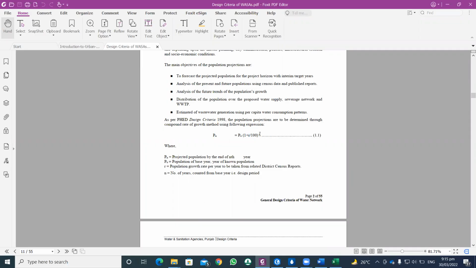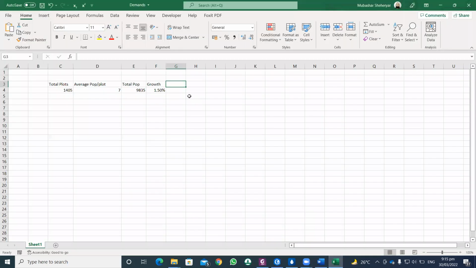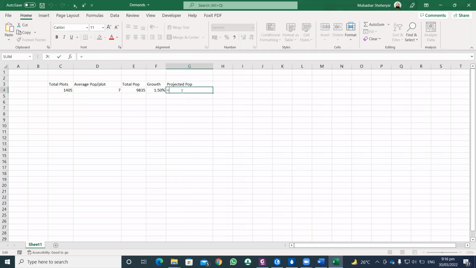For example, I'm designing for about 25 years, and I'm also adding 5 years of commissioning period. Therefore, the n value will be taken as 30 years, and the present population we know. Based on that, we will project the population. So the projected population will be equal to the present population into 1 plus the growth rate, raised to the power 30 years.